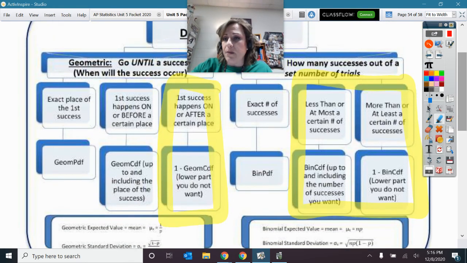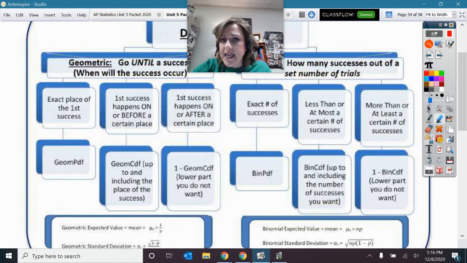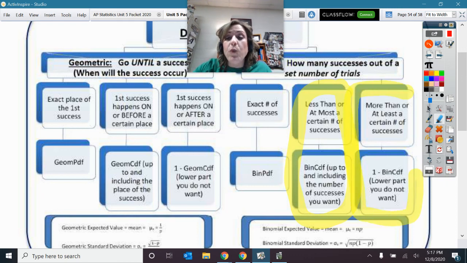So here is, again, that summary to help you with that. See, if you have less than or at most, then you can just binomial CDF the bottom part. But if you want more than, if you want a top part, more than or at least, then you need to do 1 minus the lower part.